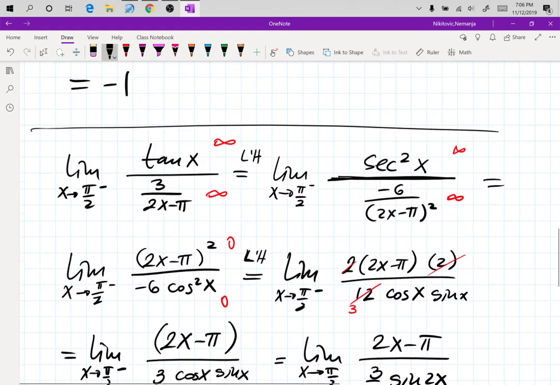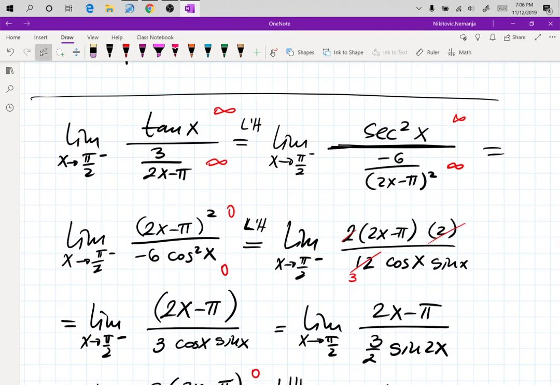I have tangent x divided by, open parenthesis, 3 divided by 2x minus pi. 2x minus pi. Awesome.